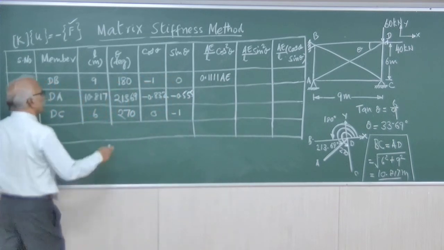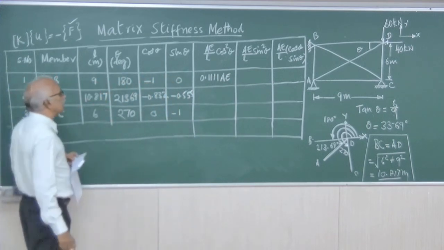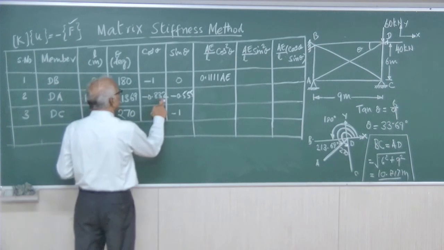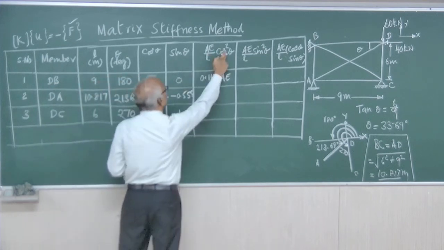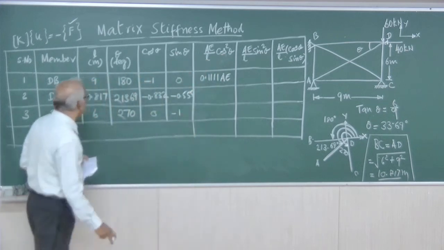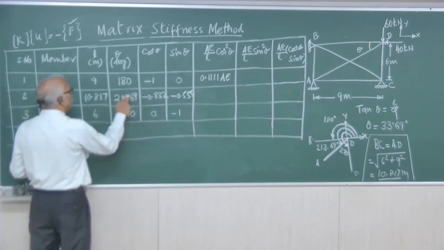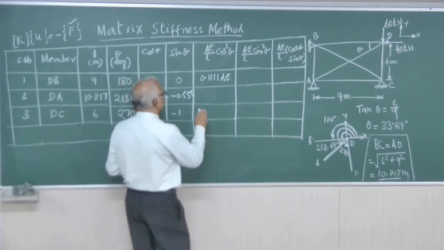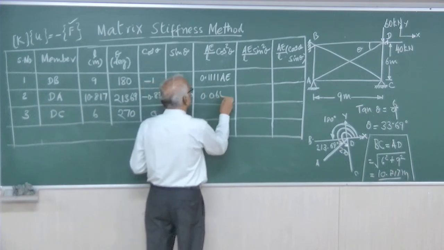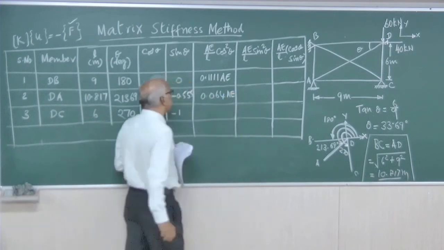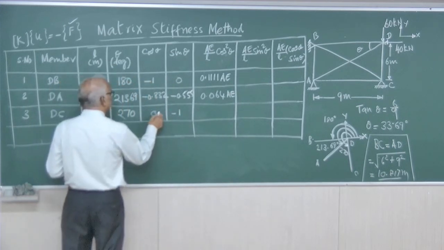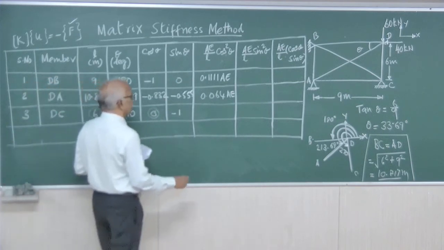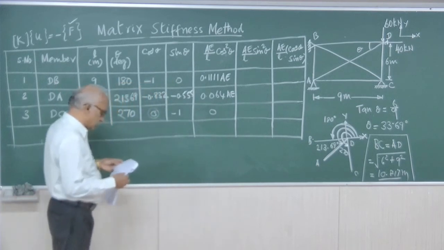Similarly, cos theta minus 0.832, so minus 0.832 square by L, L equal to 10.817. That value equal to 0.064 AE. Here cos theta is 0, therefore cos square theta by 6 is 0.